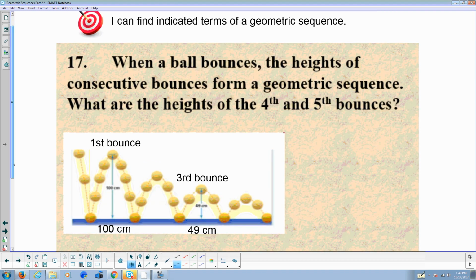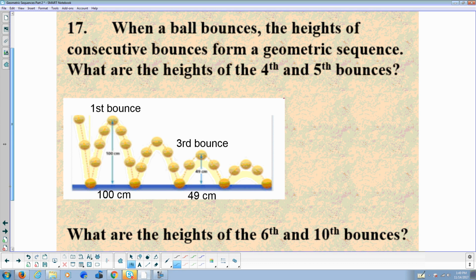Okay, now we're looking at a reading problem. But you're going to find that the reading problems here are really not very bad. This says that when a ball bounces, the heights of consecutive bounces, that means bouncing one right after the other, form a geometric sequence.